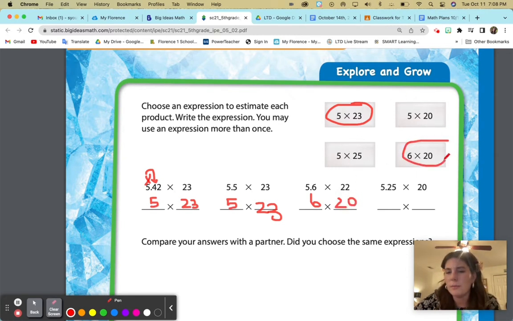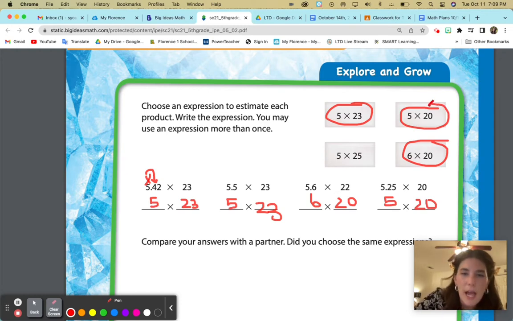I used this one. Now, what about this? 5 and 25 hundredths. Well, 5 and 25 hundredths, if I think money, that's really saying $5.25. That's still closer to $5 than it is $6. And I could leave it as a 20 because if I look up towards the top, I'm seeing that there's an actual expression that I could use.